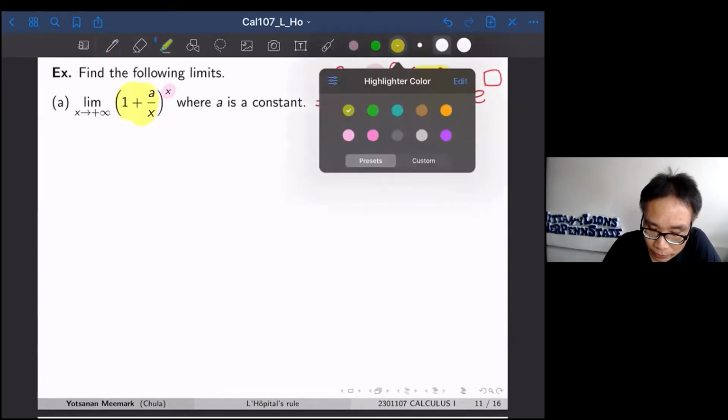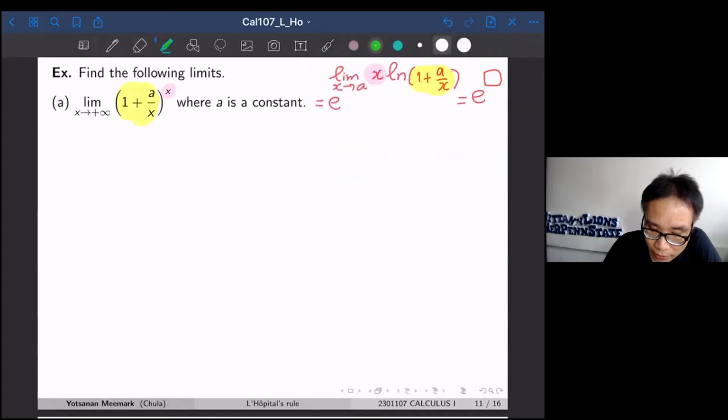And that power turned out to be the thing that we are looking for. Okay, so the first step will be you convert into the limit of x log f(x). So you convert into e to the limit. Okay, this one is not x goes to a, sorry, it's going to be x goes to infinity.